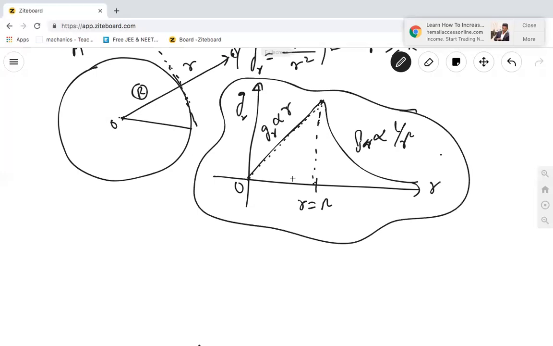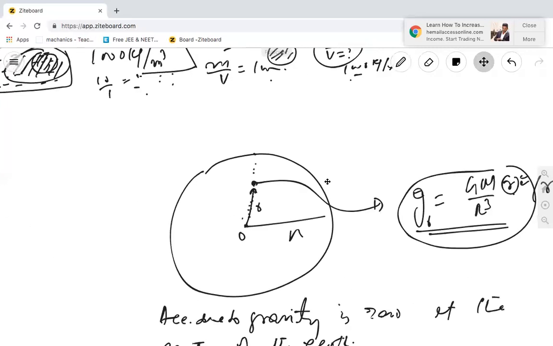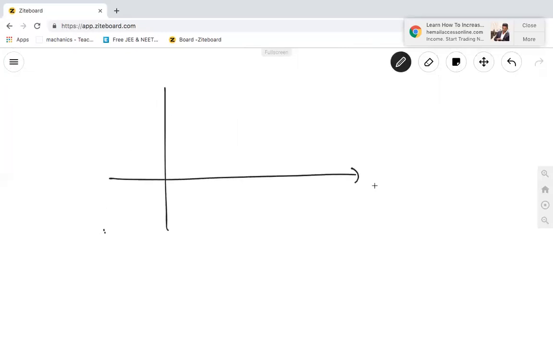So we have completed the graph. We have found everything about how the acceleration due to gravity changes from the center even up to outside. It is something like this: R versus g. From the center to the surface, at r equal to R, what's the acceleration due to gravity on the surface?